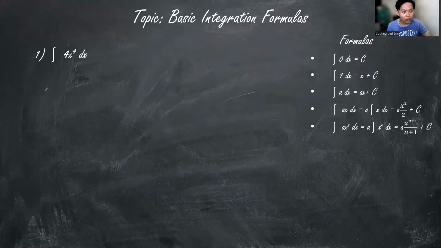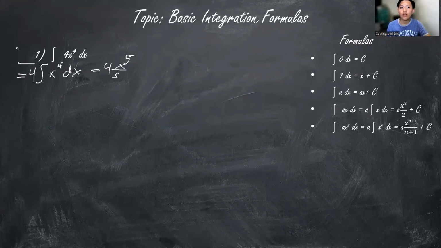It's the integral of 4x raised to 4 dx, which is equal to 4 times the integral of x raised to 4 dx, which is equal to 4x raised to 5 divided by 5.